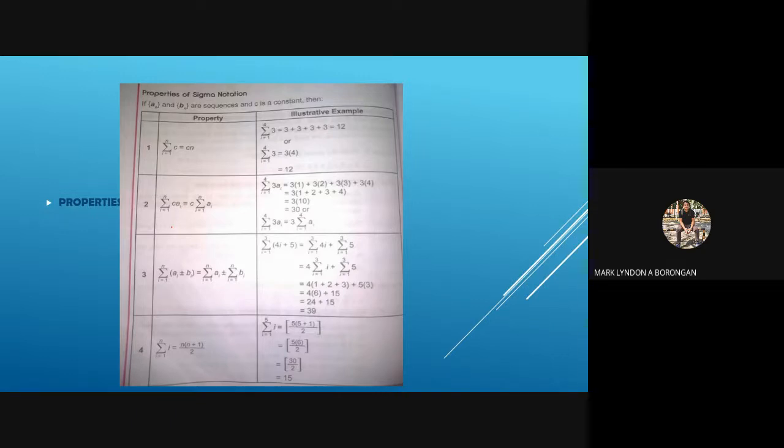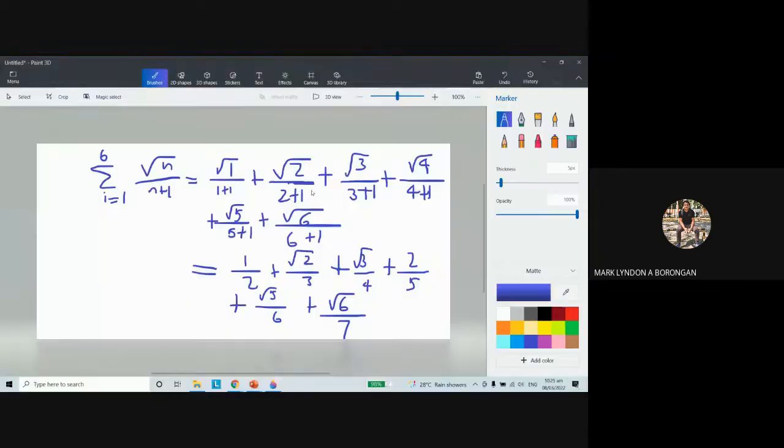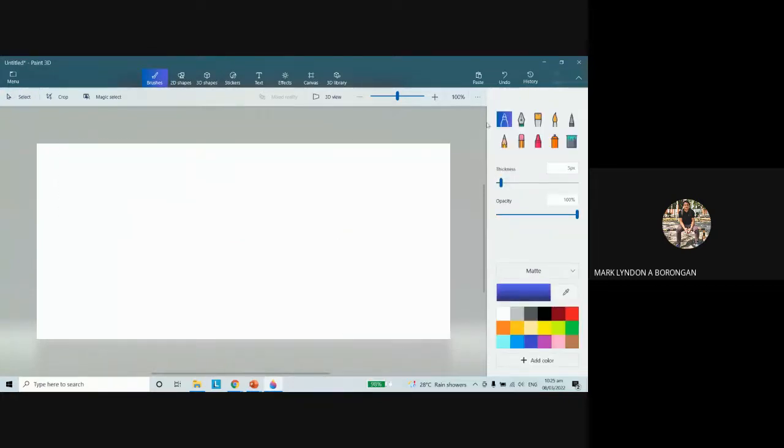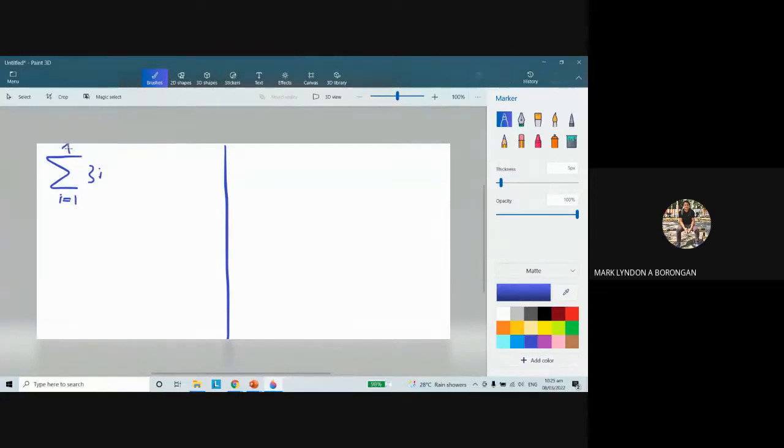What does this mean? Let's compare which is easier with an example. You have 3i, with i from 1 up to 4. That will be 3 times 1 plus 3 times 2, plus 3 times 3, plus 3 times 4.